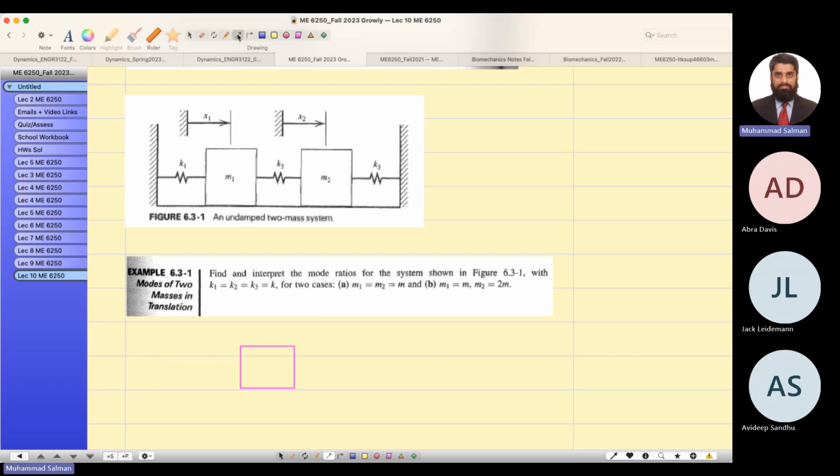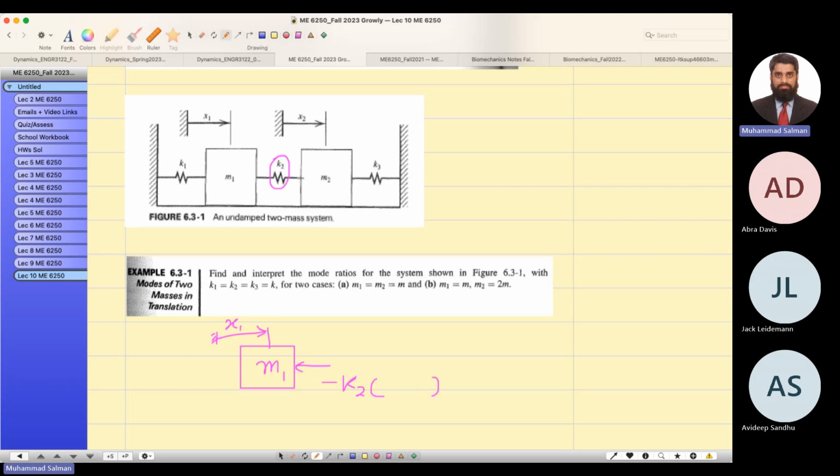So if the body is moving like this, let me show you here. This is a degree of freedom x1. And if this mass moves to the right, the opposing force coming from this spring is negative k2.